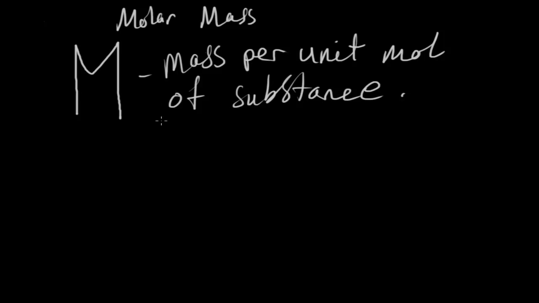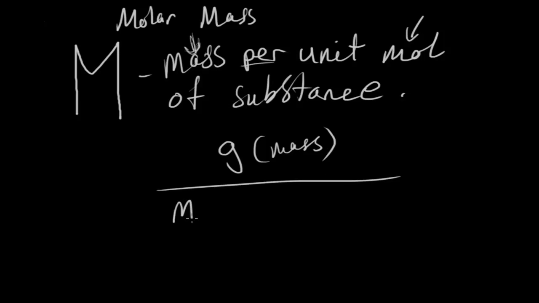And because of this definition, mass per unit mole, we represent the units of molar mass as follows. We represent mass in grams, so we have grams here. And because it's per unit mole, per indicates that we have to divide by the moles.